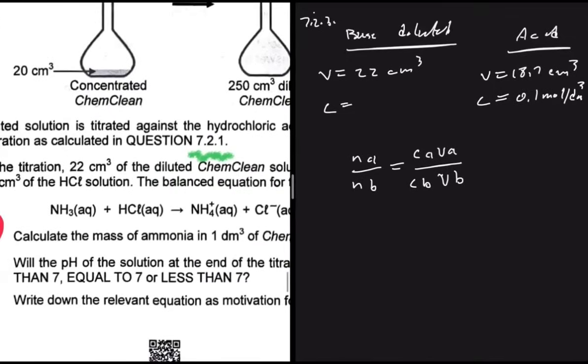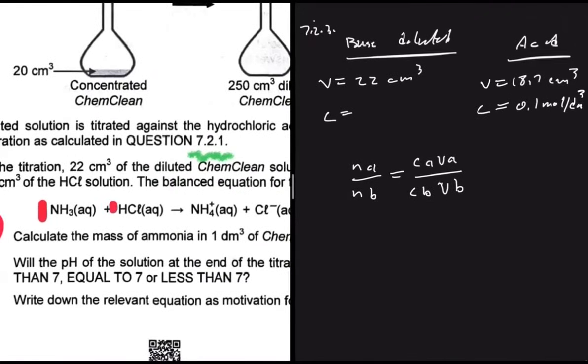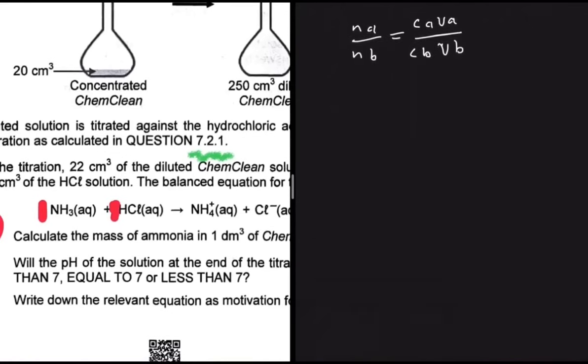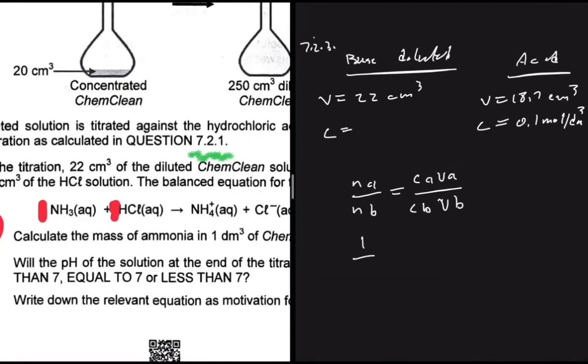Again, the balancing coefficients here are 1:1. So if we substitute, we get 1 divided by 1 being equal to concentration of acid 0.1, volume of acid 18.7, divided by the concentration of the diluted base, which is what we want, multiplied by the volume of the base, which is 22.